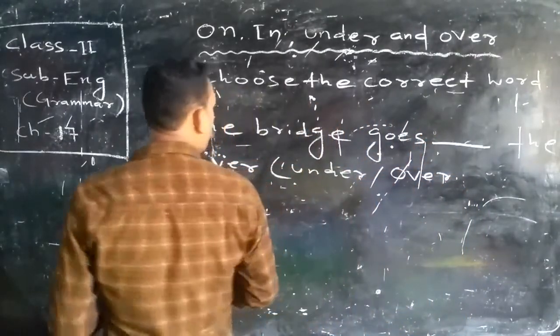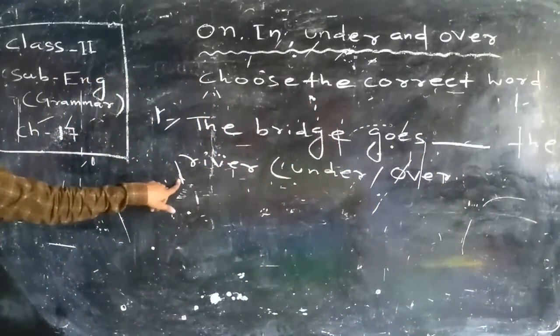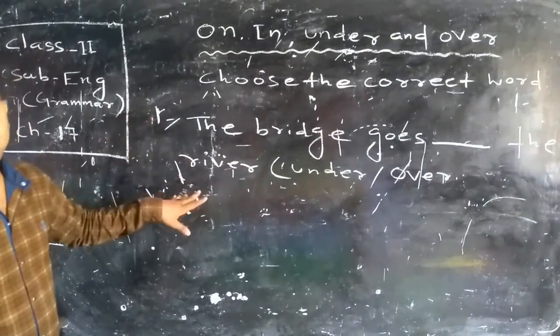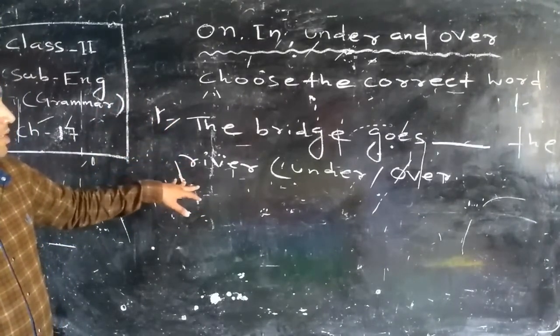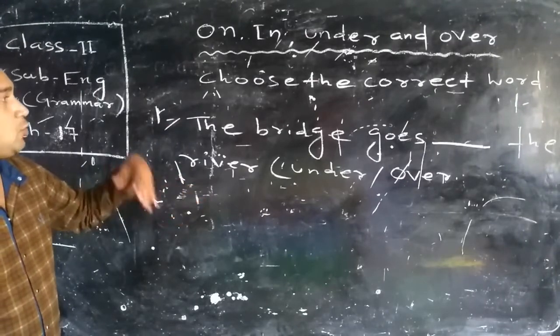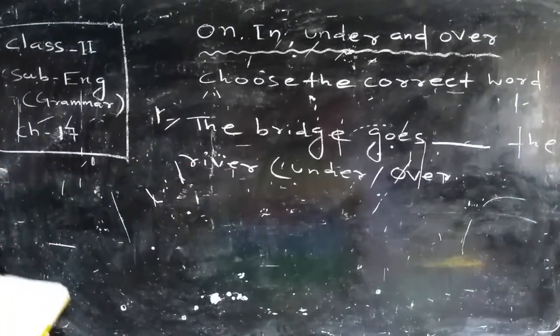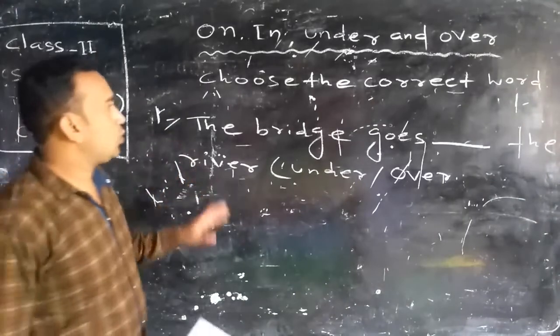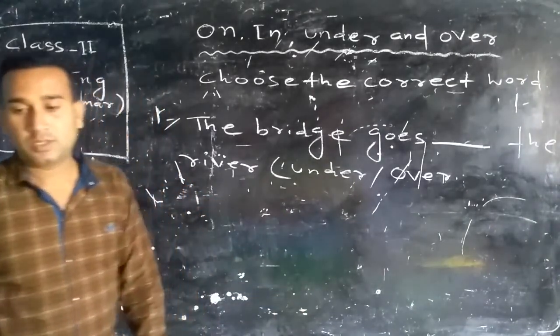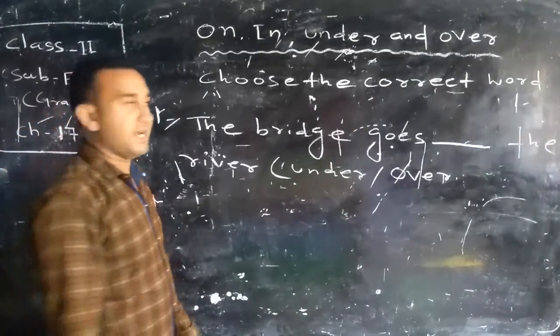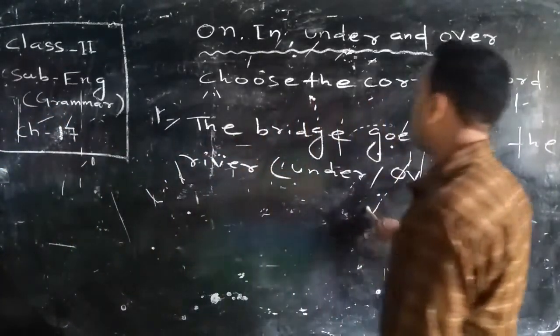The bridge goes dash river. ब्रिज जो है आपका रिवर के नीचे में जाएगा कि ऊपर में जाएगा, ठीक है। सो द ब्रिज गोज डैश रिवर, अंडर और ओवर. So first you decide which is the correct answer.